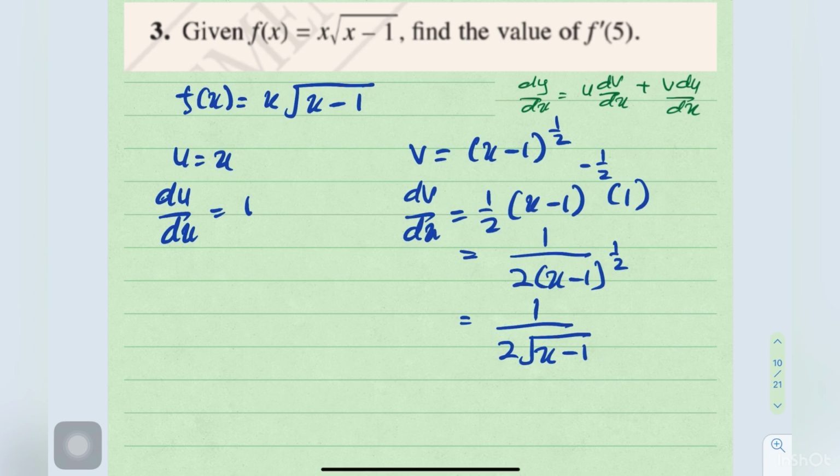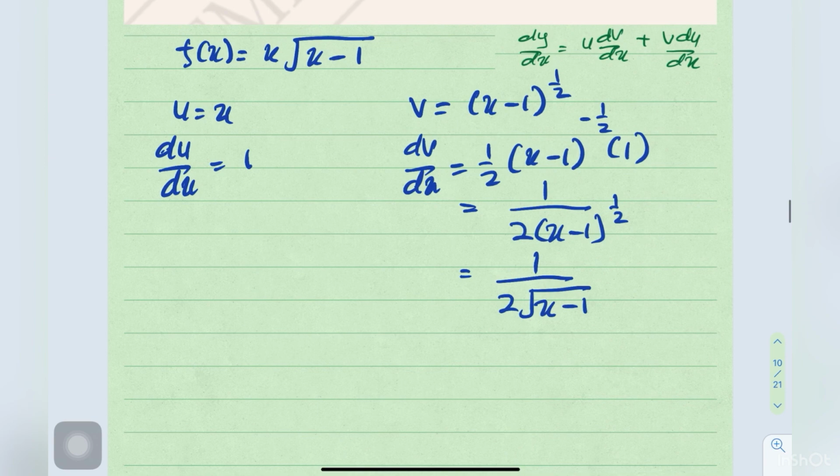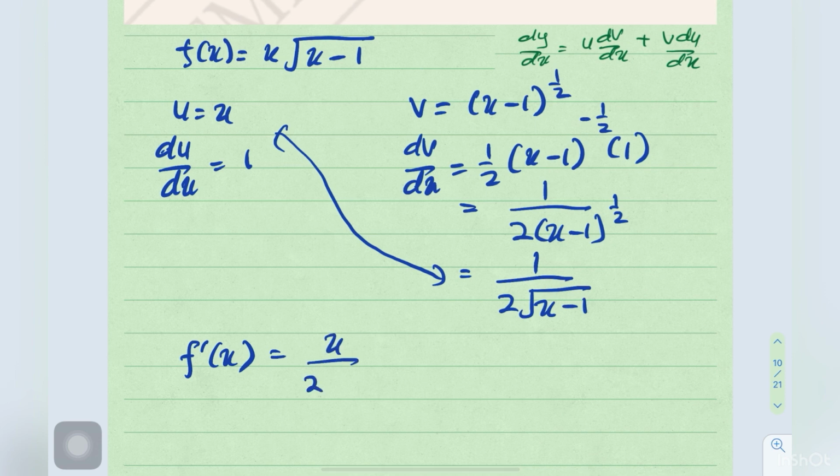Okay, so the formula: dy/dx equals u dv/dx plus v du/dx. But this one is f(x), so we differentiate and we get f prime of x. So f prime of x, this one: x over 2 square root of x minus 1, plus (x minus 1) to the power of 1 over 2, actually square root.